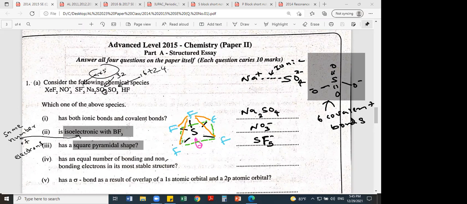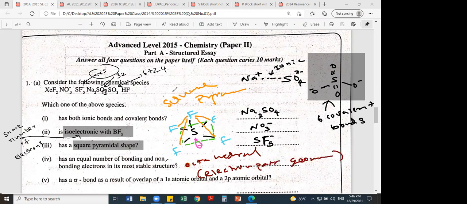One lone pair and 5 bonds, square pyramidal. But the electron pair geometry of SF5 minus is octahedral. Electron pair geometry, octahedral. But molecular geometry is square pyramidal.